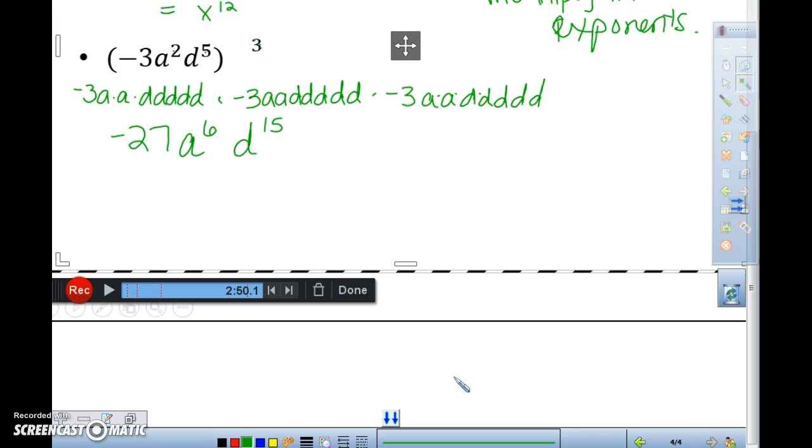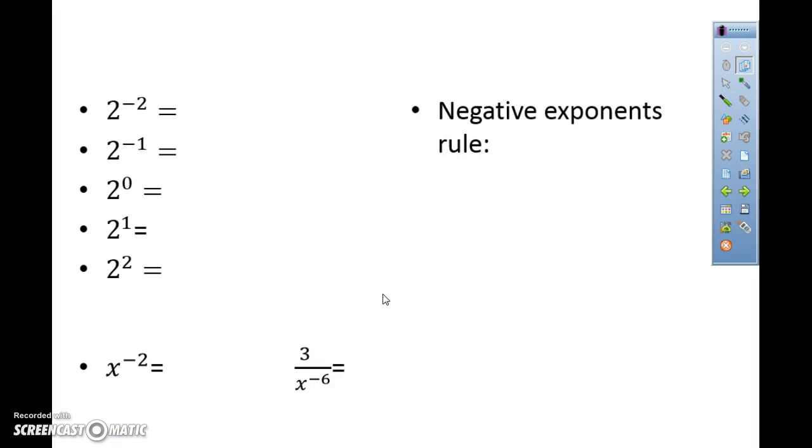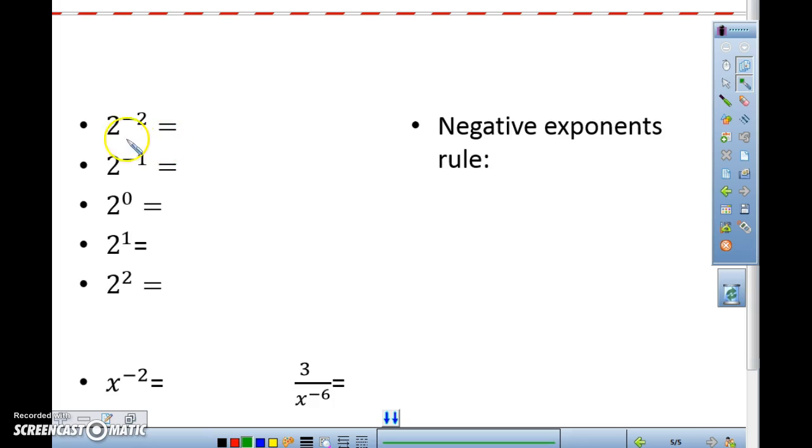All right, let's look at negative exponents. Negative exponents are a little bit hard at first to grasp. So if we look at it as numbers, type in negative 2 to the negative second power. What do you get? Go ahead and type these in your calculator and then we'll come back, okay?